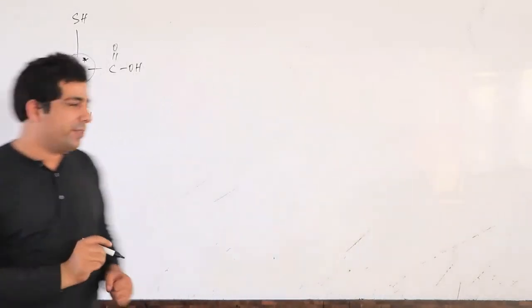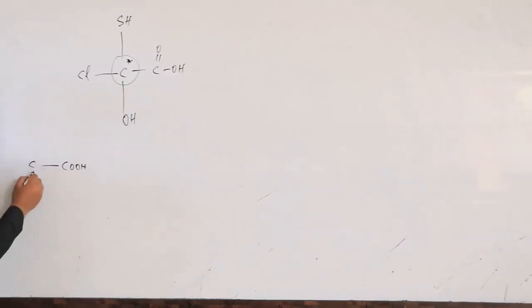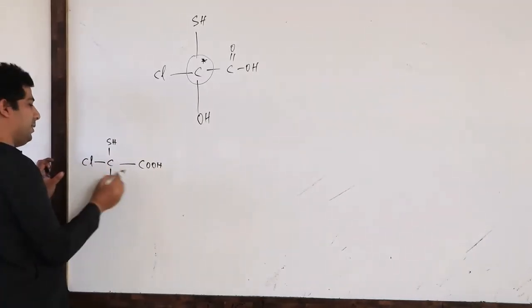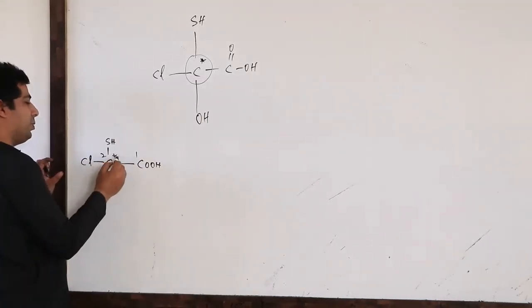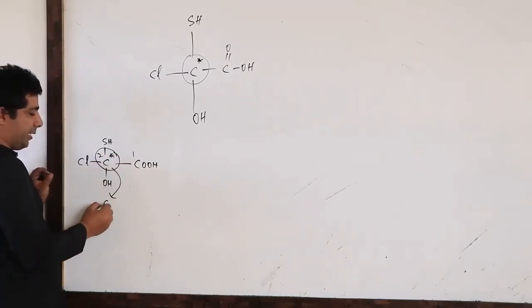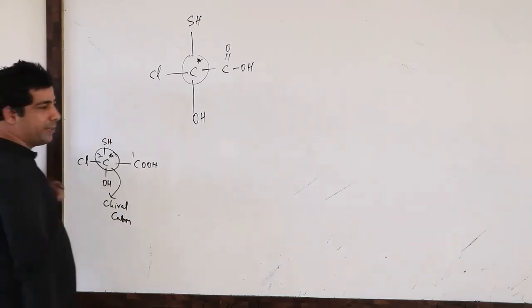You should decide that first. If you do the numbering, the COOH will be here, SH is here, and Cl is here. This numbering is 1 and 2, so that means your second carbon is the chiral carbon. Remember that.